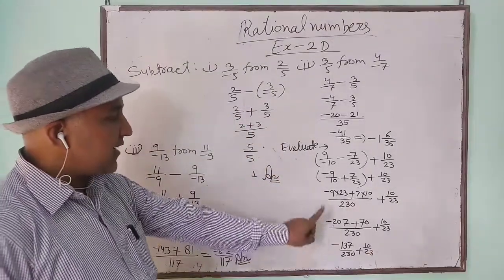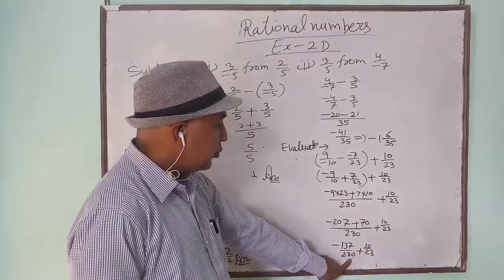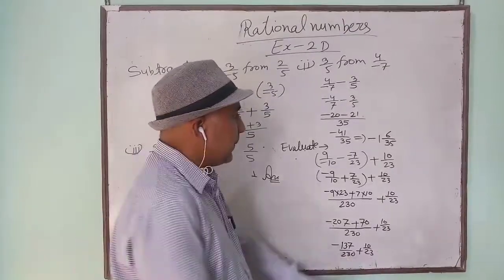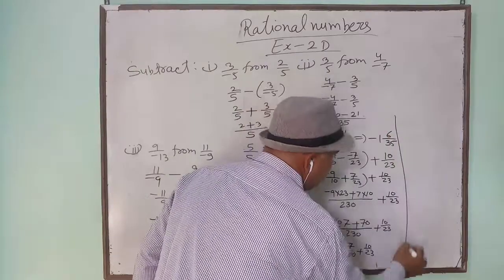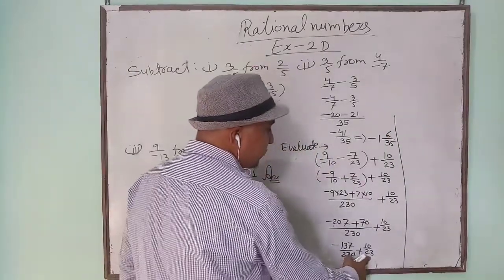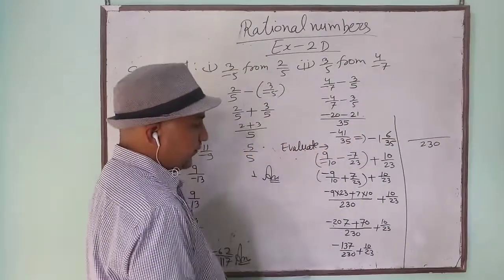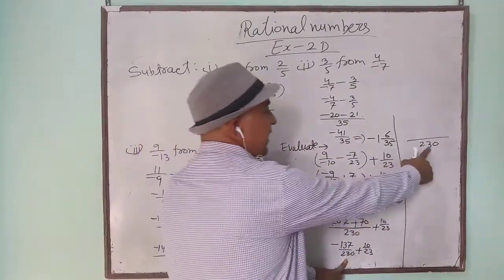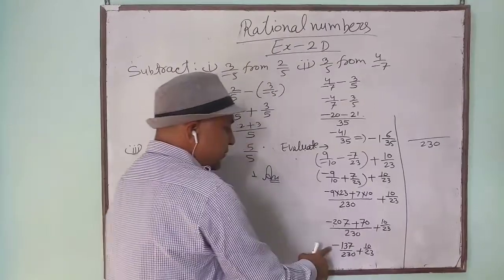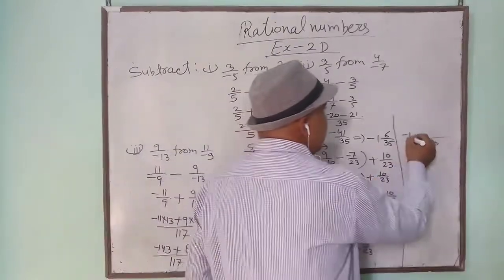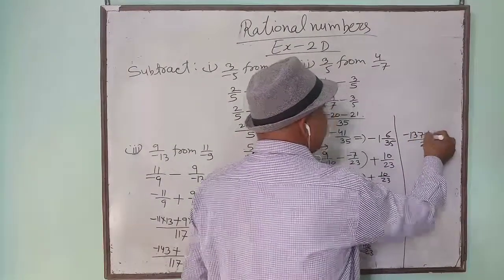Now to solve this, again we will take the LCM of 230 and 23. LCM will be 230. 230 will divide 230 coming 1 is multiplied by minus 137, so it will be minus 137.